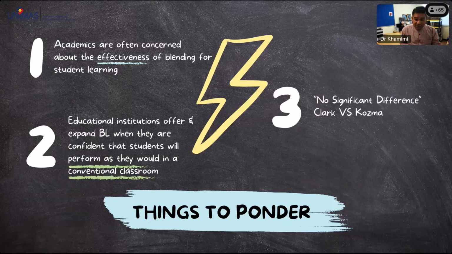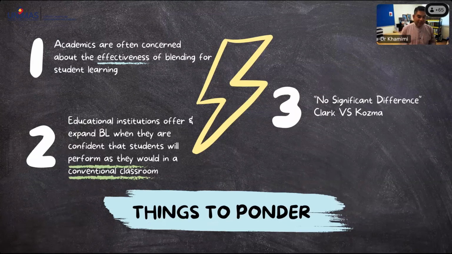And number three, there is no significant difference. If you follow the debate by Clark and Kozma, they say you cannot compare two groups: group A who did not use blended learning, and a second group that is blended, because you are comparing mango and banana.